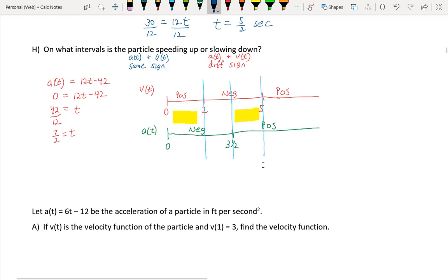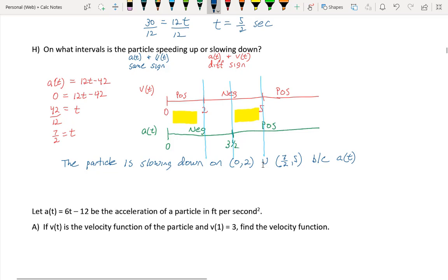All right? So we're going to say the particle, and I'm just going to start with the first one where they're opposite signs, is slowing down on the intervals 0 to 2, and I'm going to go back to an improper fraction, 7 halves to 5, because a of t, and you could say this one of two ways.